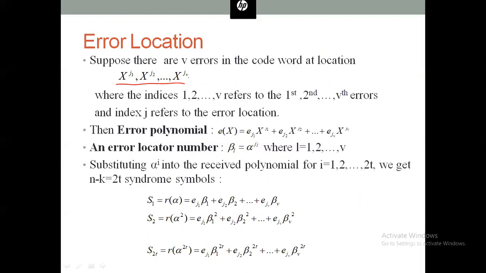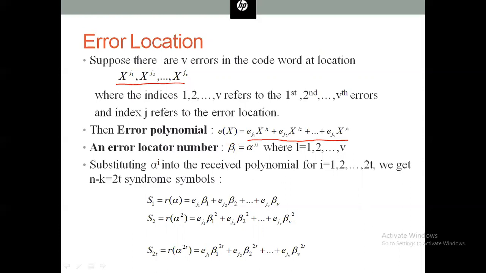So first we have to find the error polynomial. The error polynomial is written in this form: e_j1 x^j1 up to e_jv x^jv.